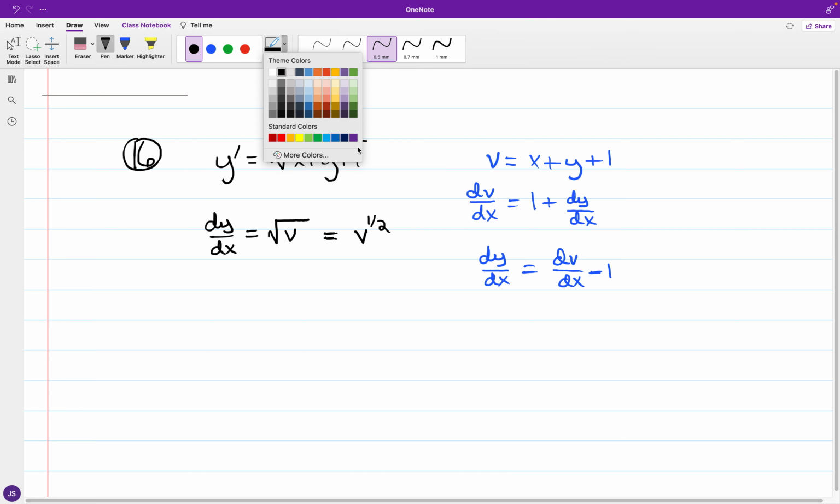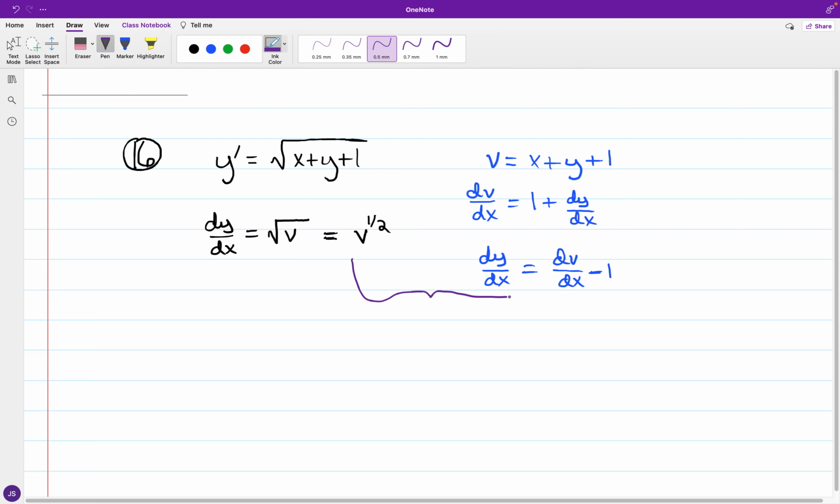And if I tie together what we have in defining dy over dx, we have dv over dx minus 1 represents dy over dx, as does v to the 1/2.